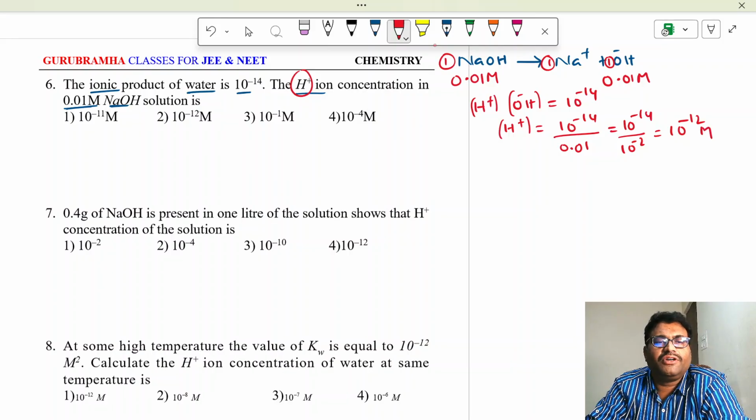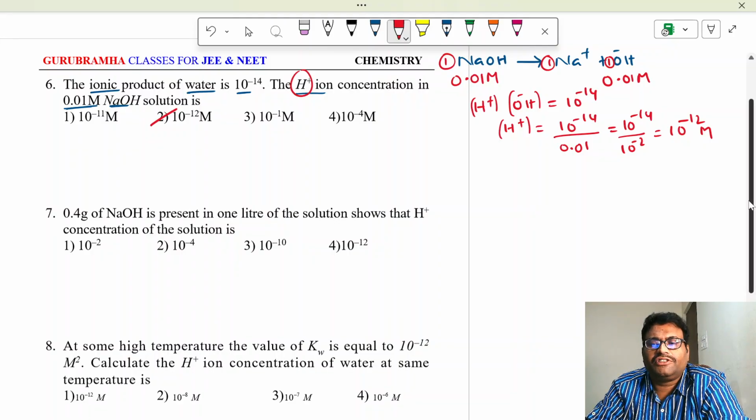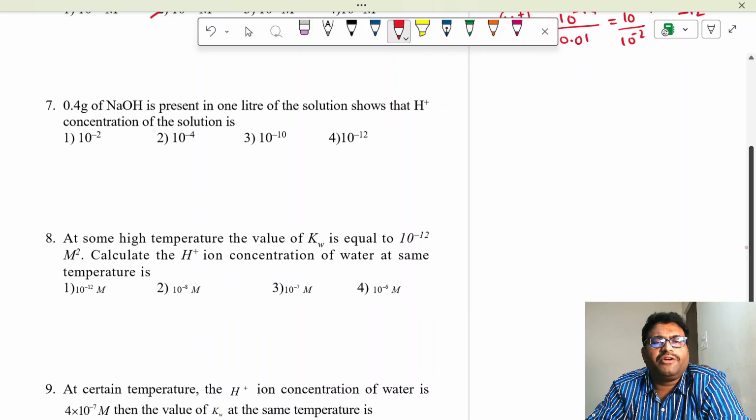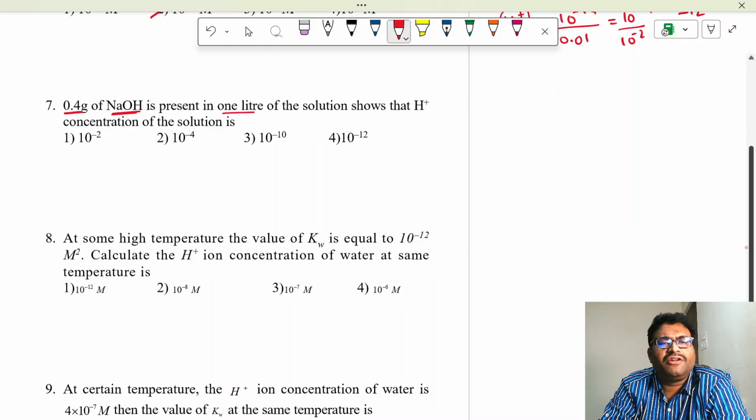So the answer is 10 power minus 12 molar. Understood? Simple logic.